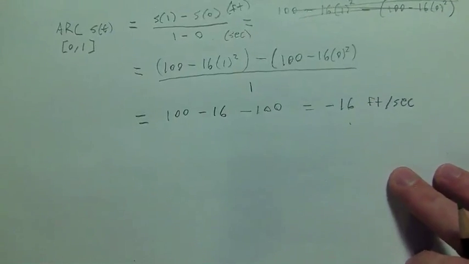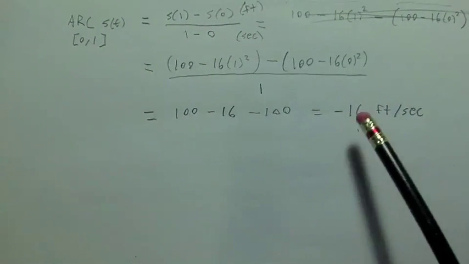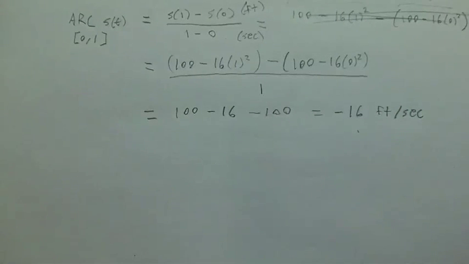Okay? Now, the next question is, what does this actually mean? Does it mean that the rock is always falling or changing at negative 16 feet per second?